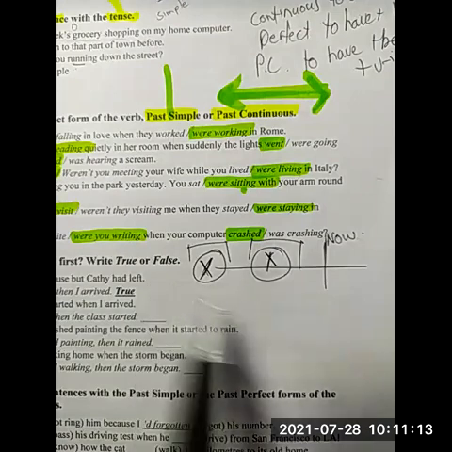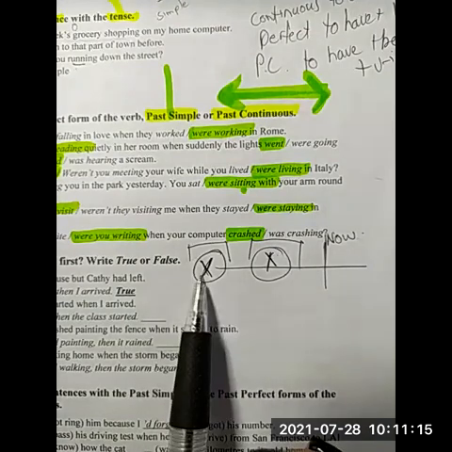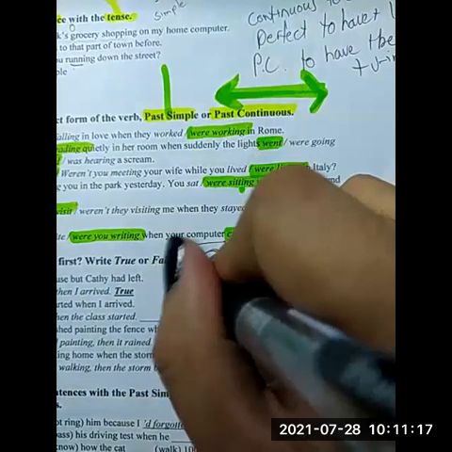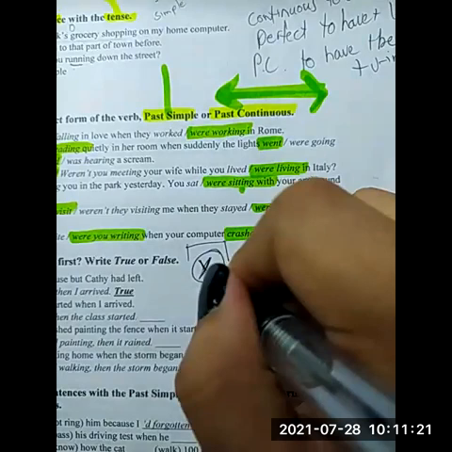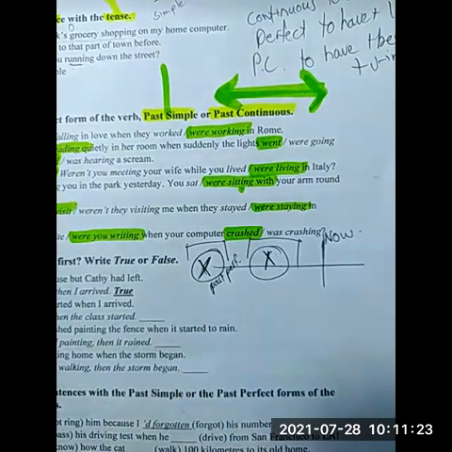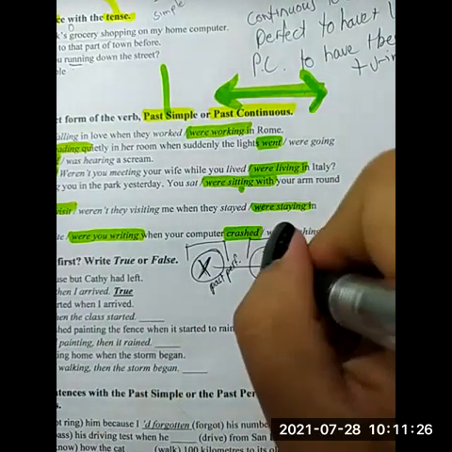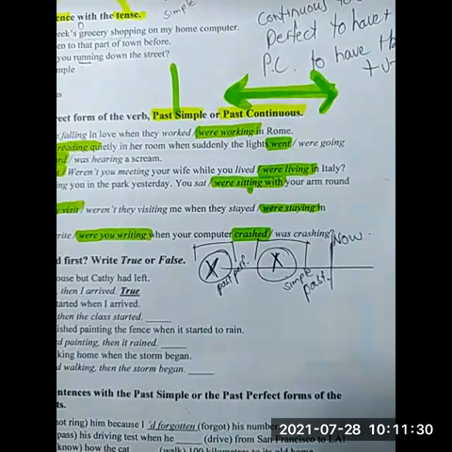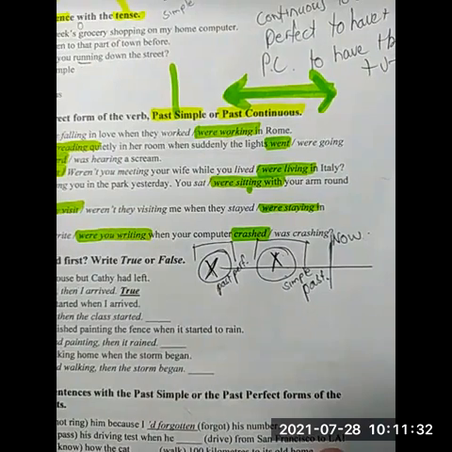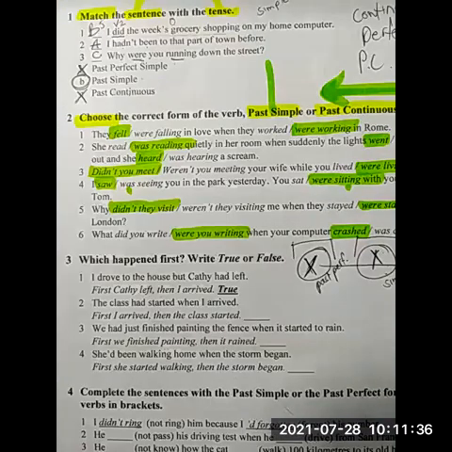We know that the one that goes back the most is going to be past perfect, and the other one is going to be simple past. Okay, so looking at that picture, we're going to keep that picture there. Again, in the exam, if you want to draw these pictures for yourself, you are more than welcome to do that.